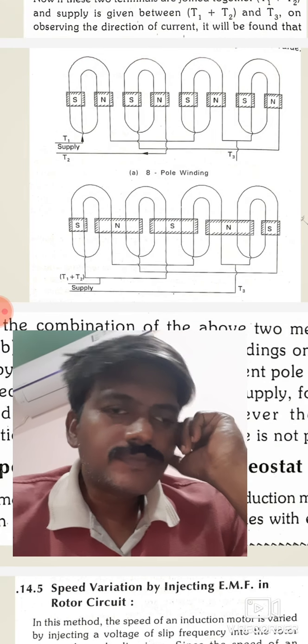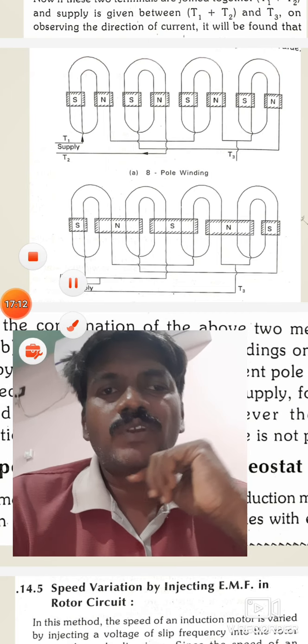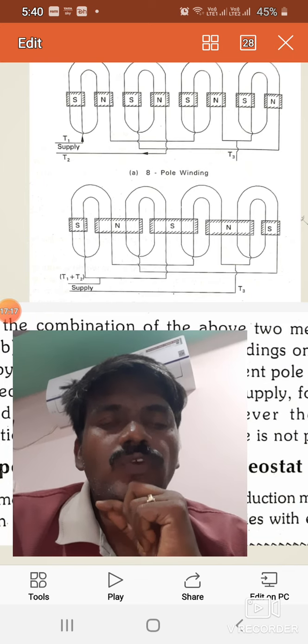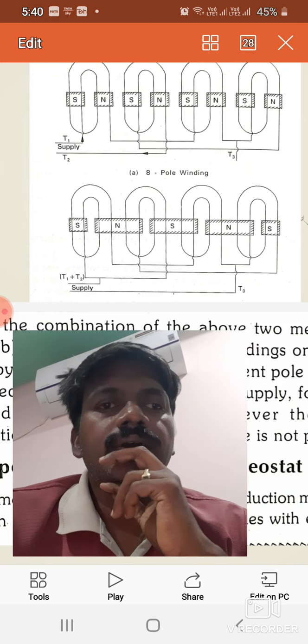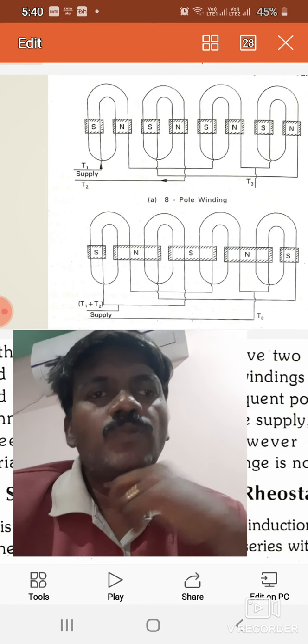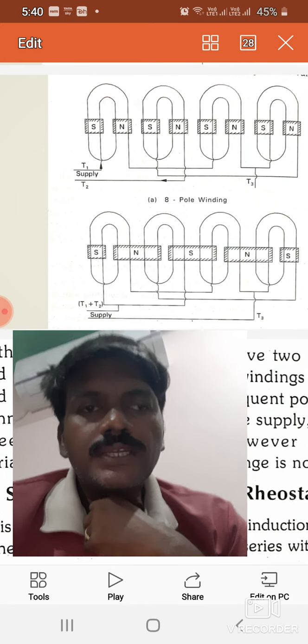From figure A, if you observe the direction of the current, in the south pole it is in upward direction, in the north pole in downward direction.